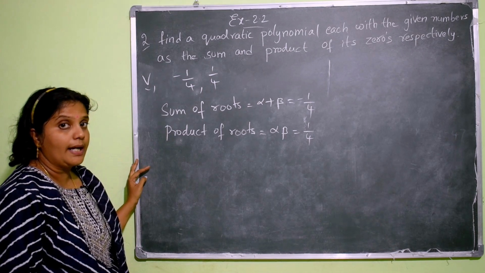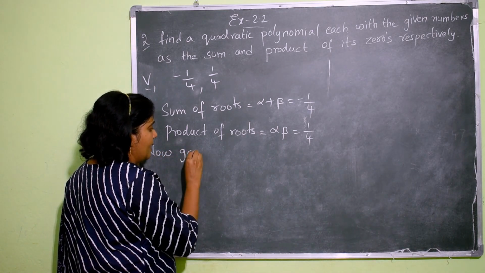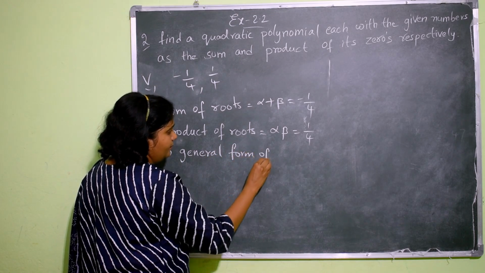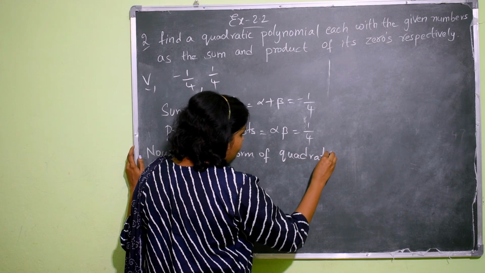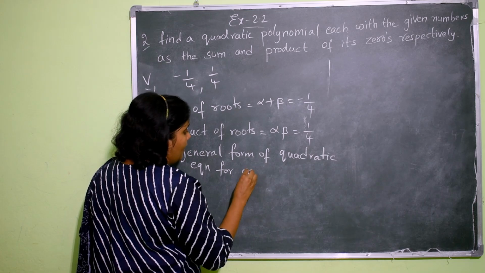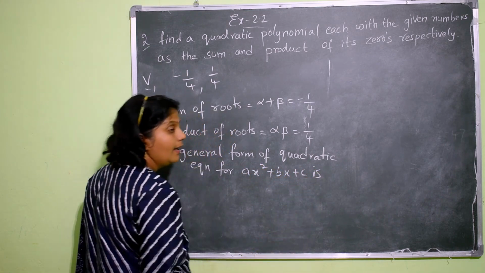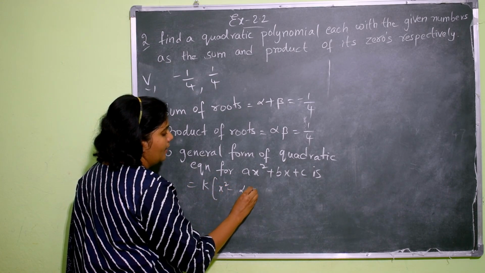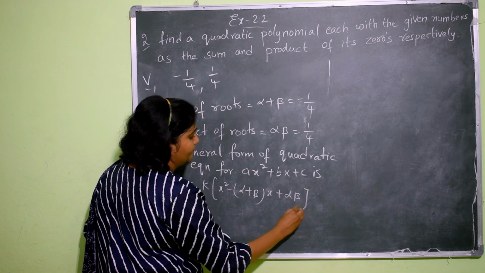So now we need to write the general form of the quadratic equation for ax square plus bx plus c, which is k into x square minus alpha plus beta into x plus alpha beta.